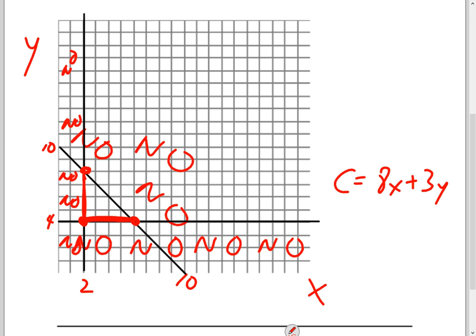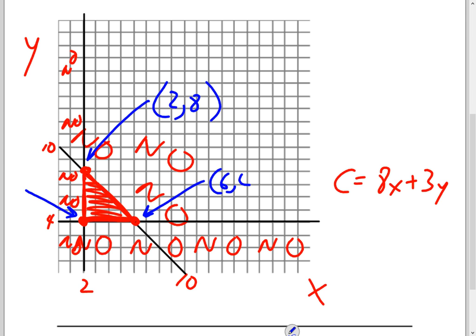Now some of you got that far. You figured out that that was your feasibility region. And then something went wrong when you labeled these points. Maybe you didn't label them all. Some people labeled this one 2, 8.